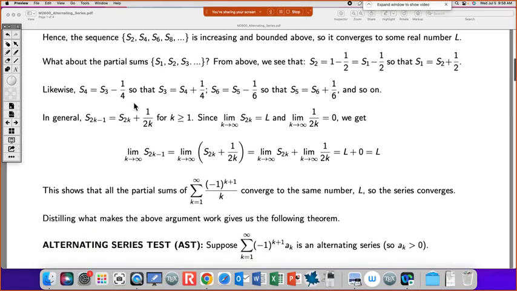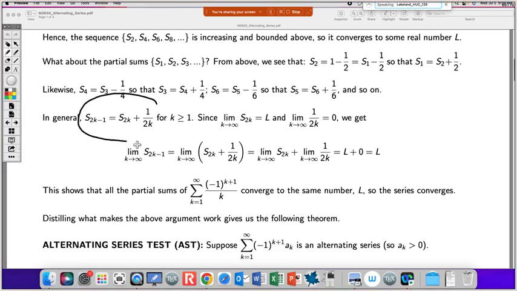And so this has everything recorded here. This is the more precise notation, what we're talking about. The odd sum is equal to the even sum plus 1 over 2k. And we take the limit as k goes to infinity, and so there it is.